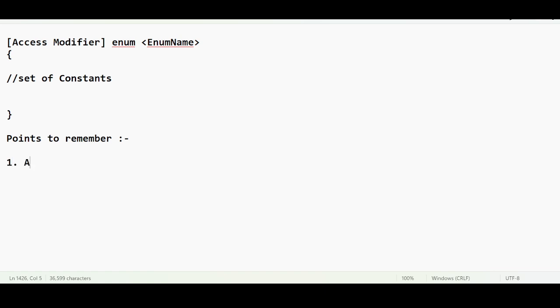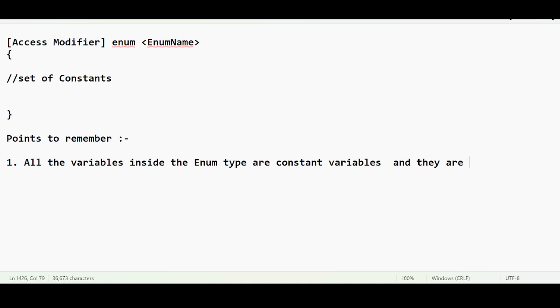I will show you the proof. What I'm saying is all the variables inside the enum type are constants, and they are public static final by default.